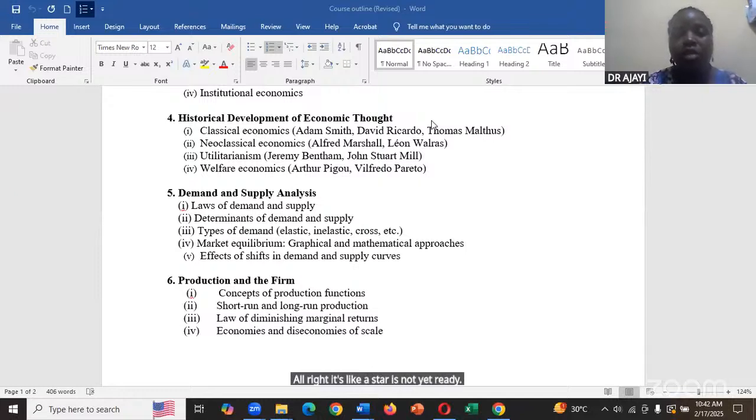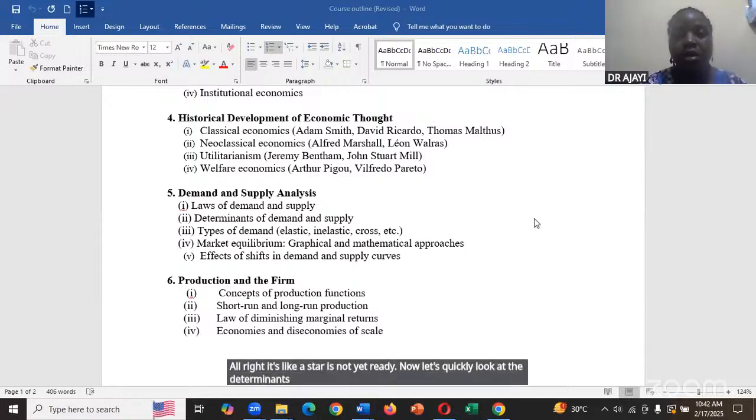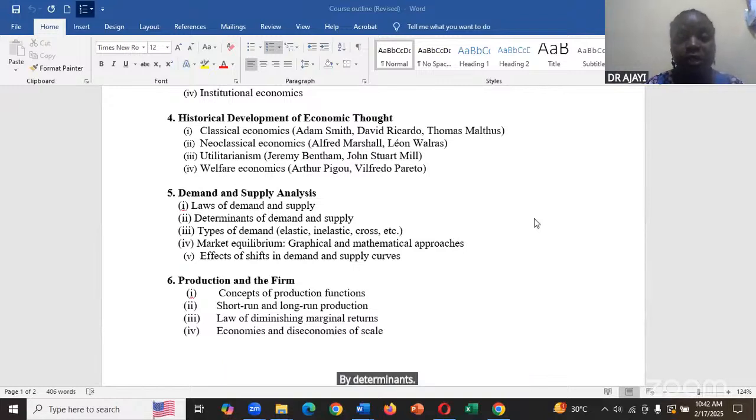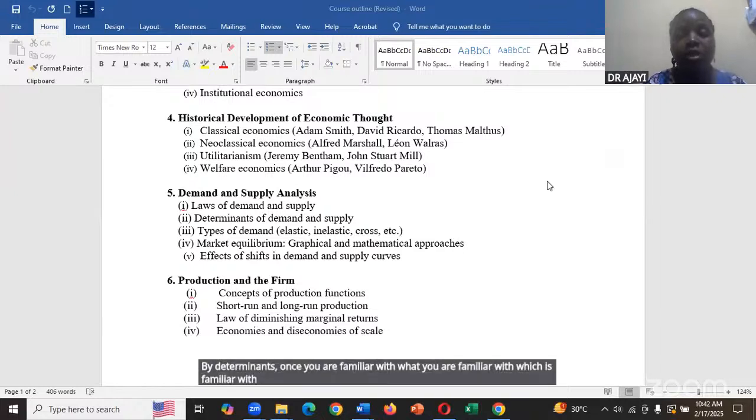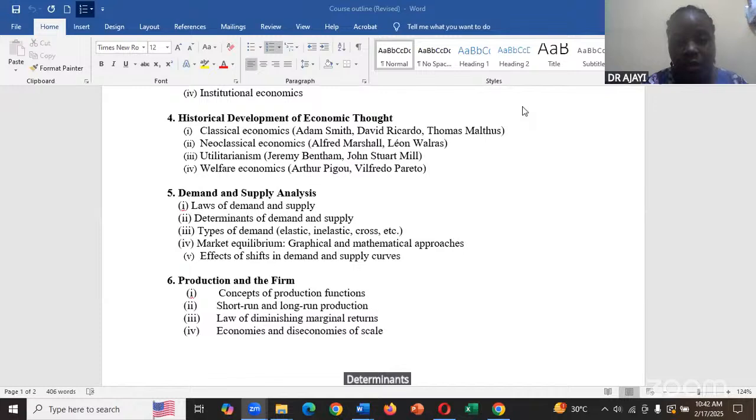Now let's quickly look at the determinants of demand and supply. By determinants, what you are familiar with is when we say factors that influence. Some of these factors, we are familiar with them. For the determinants of demand, I want us to quickly put it up in the charts.